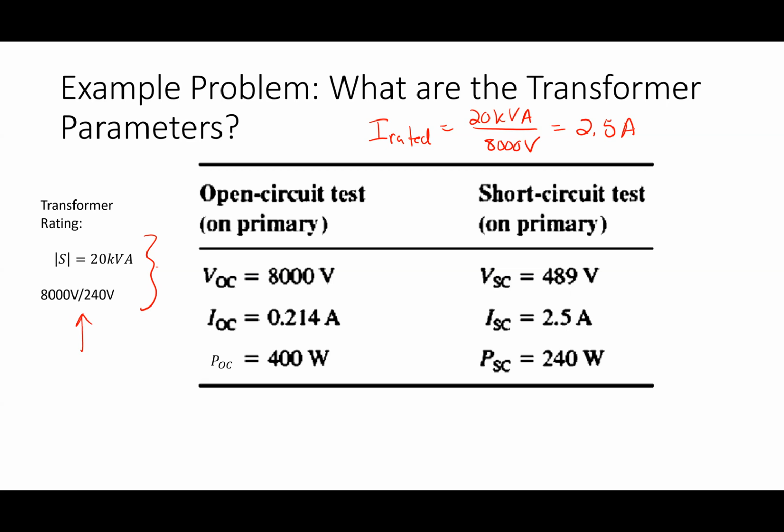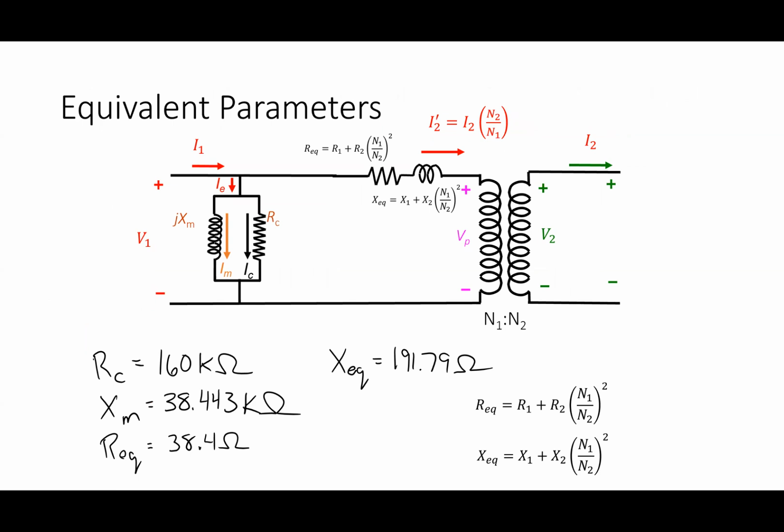All right, I went through this last time, and these were the numbers that I came up with. 160 kilo ohms for R core. XM is that value there. REQ is that, XEQ is that. Now, we don't typically talk in terms of the actual inductances. We talk in terms of the reactances, the impedance values.